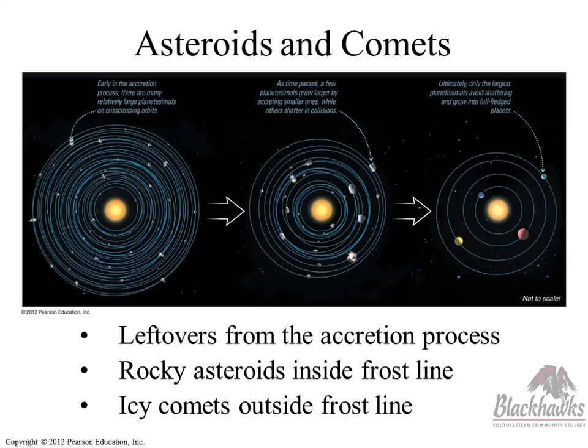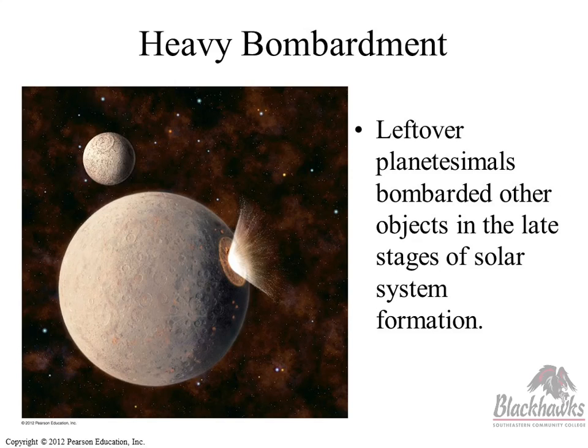Some of these things are left over. We talked about the Kuiper belt and the Oort cloud. Those are what I call crumbly leftovers. We talked about there's a group of asteroids in the plane of the ecliptic between Mars and Jupiter. Those are leftovers that just didn't accrete into something.